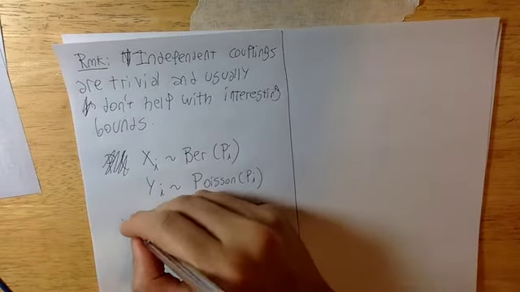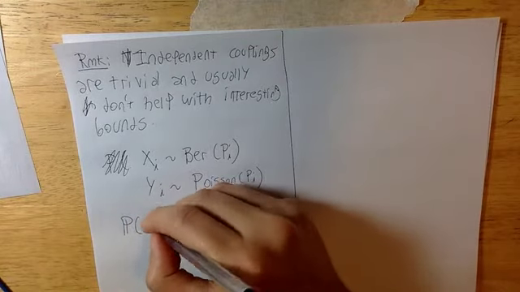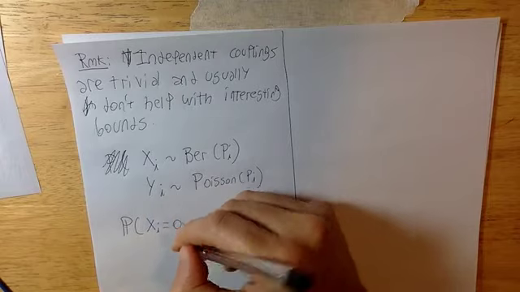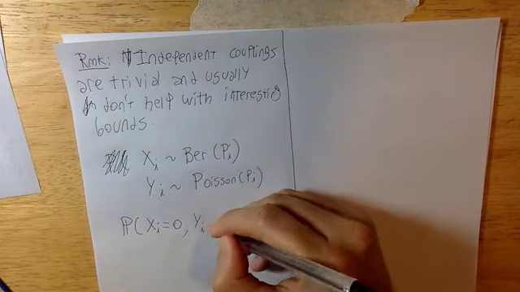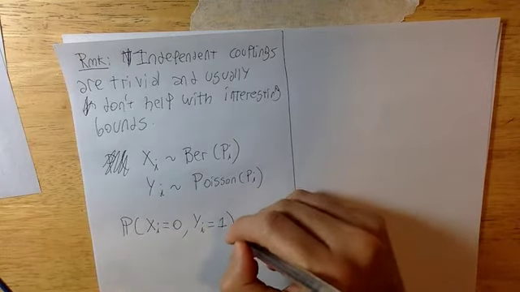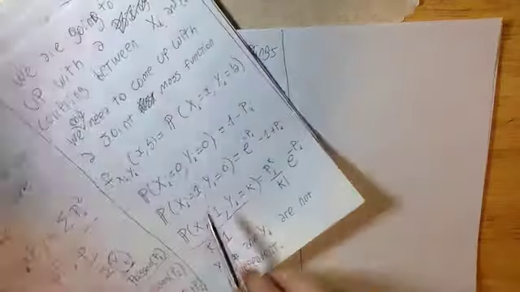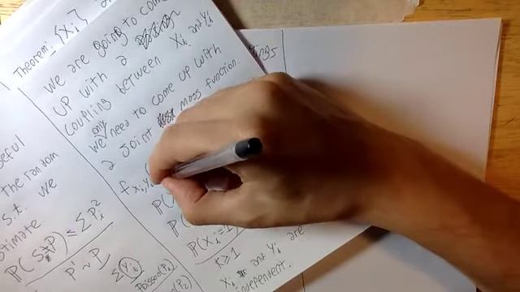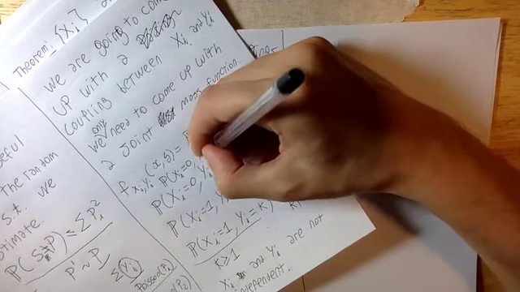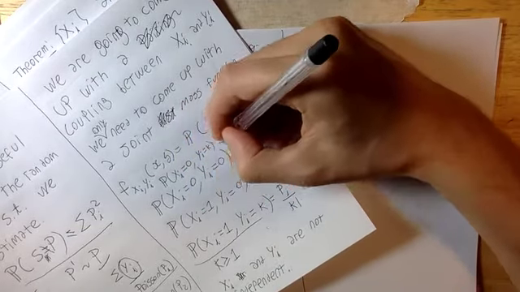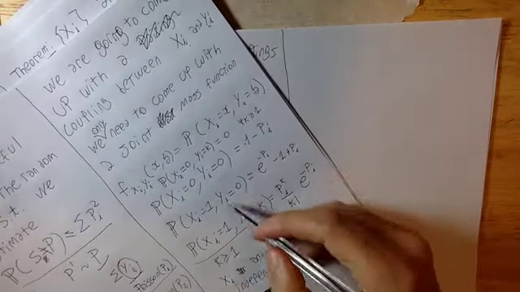But if we look at the probability that xi is equal to 0 and yi, let's say, is equal to 1, this is equal to 0. Here I should have added that the probability that xi is equal to 0 and yi is equal to k is equal to 0 for every k bigger or equal than 1.